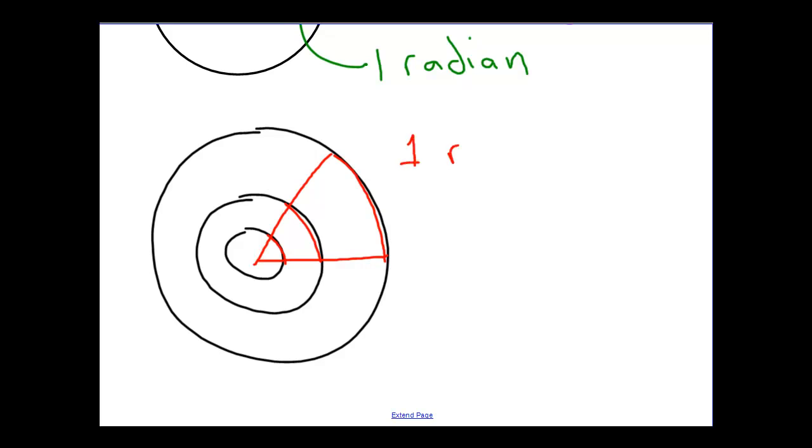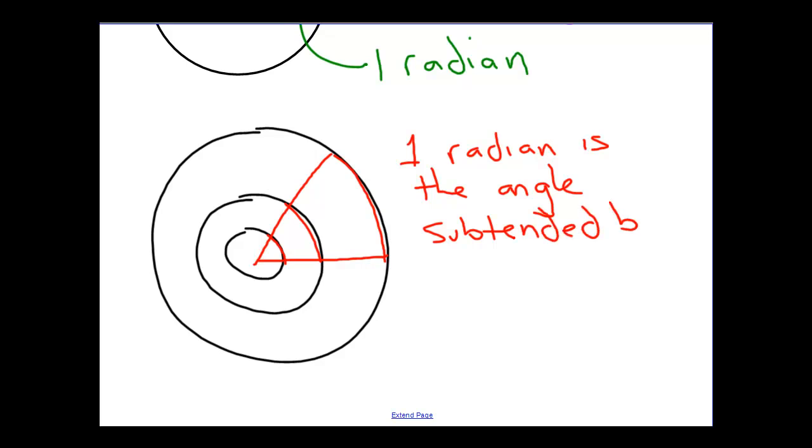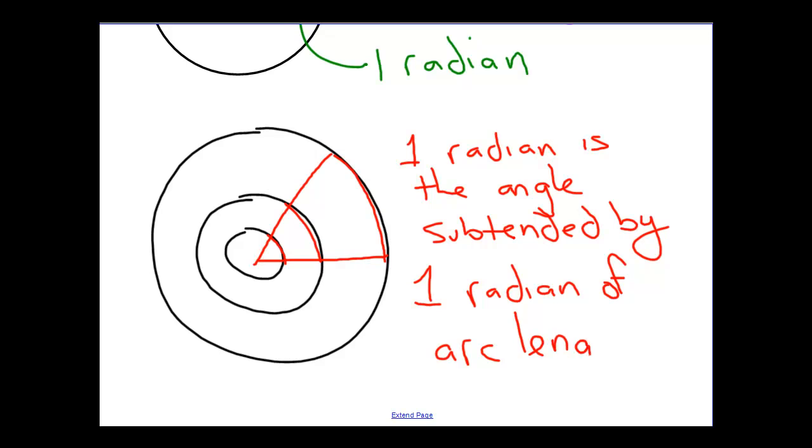So 1 radian is the angle subtended by 1 radius of arc length. So it's a very natural unit to use in the sense that our measuring unit is right there in the circle. That's the good news.